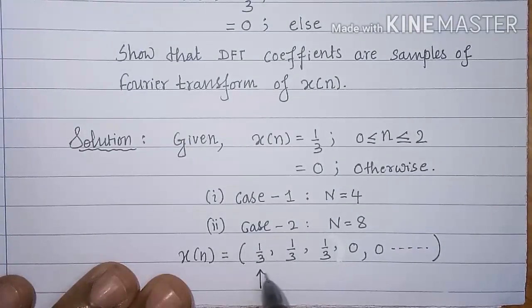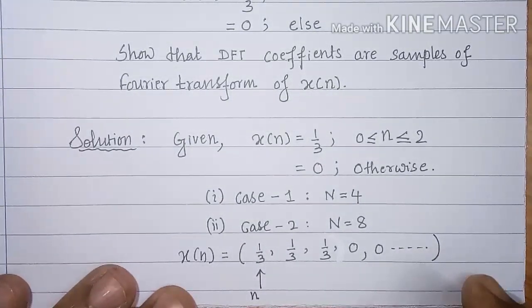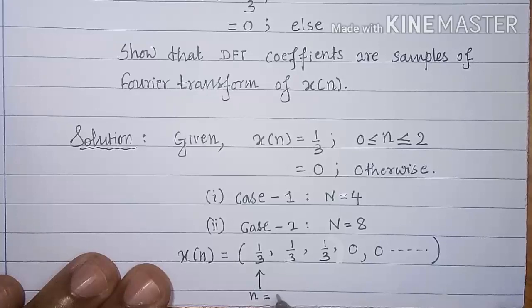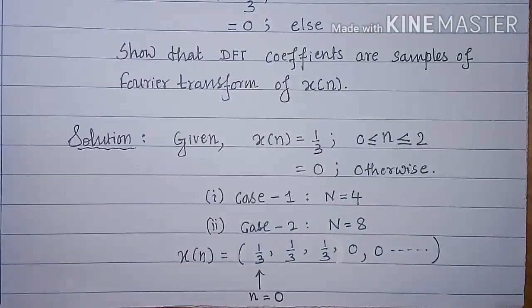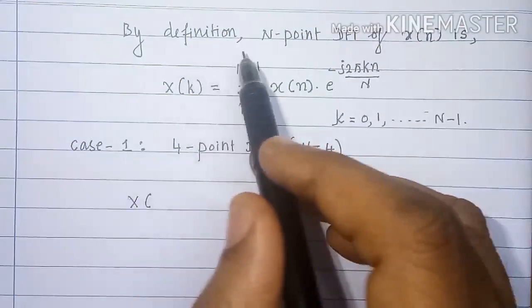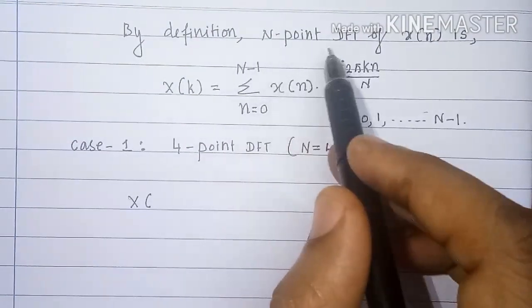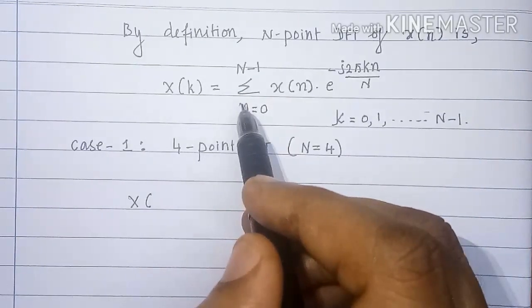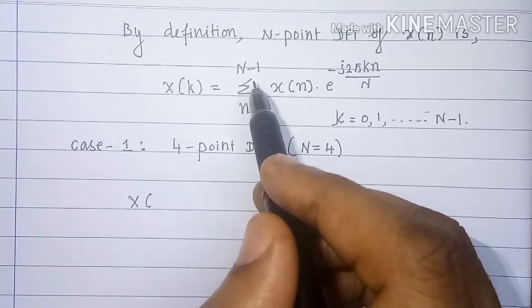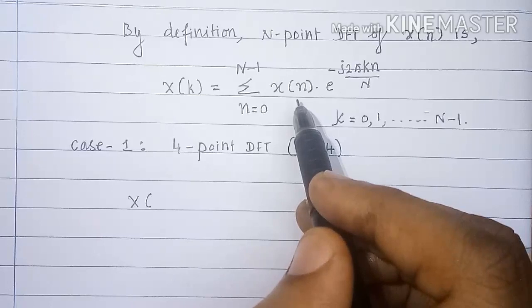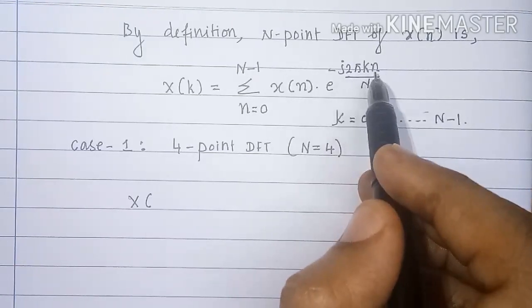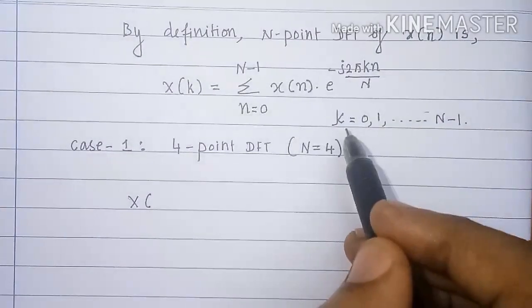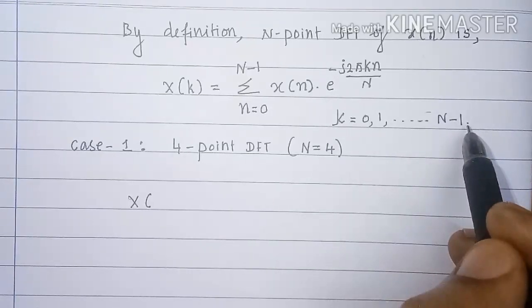So n equal to 0 is here. By definition, N-point DFT of x of n is X of k equal to summation from n equal to 0 to N minus 1 of x of n into e raised to minus j 2 pi kn by N. And the k value varies from 0 to N minus 1.